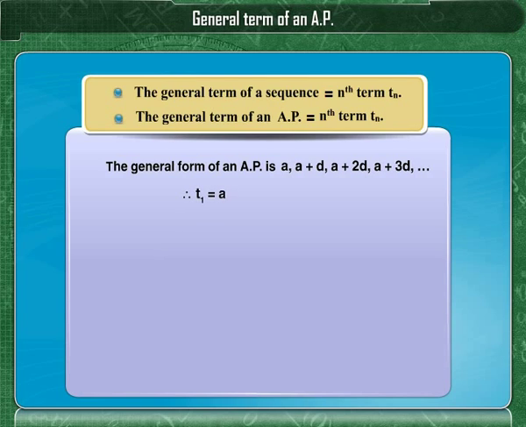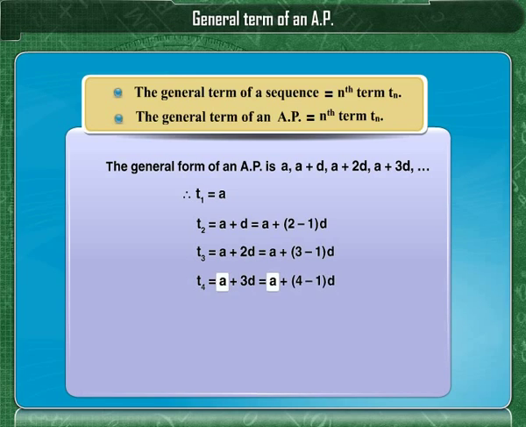Therefore, T1 is equal to A. T2 is A plus D. This can also be written as A plus 2 minus 1 into D. T3 is A plus 2D, which can also be written as A plus 3 minus 1 into D. T4 is A plus 3D, which can be written as A plus 4 minus 1 into D.